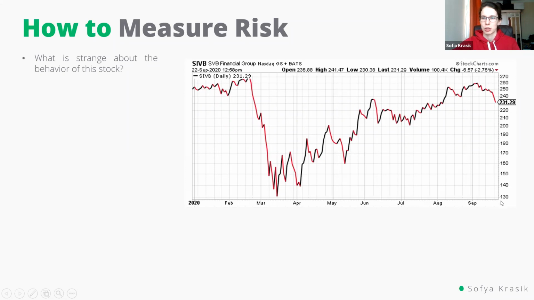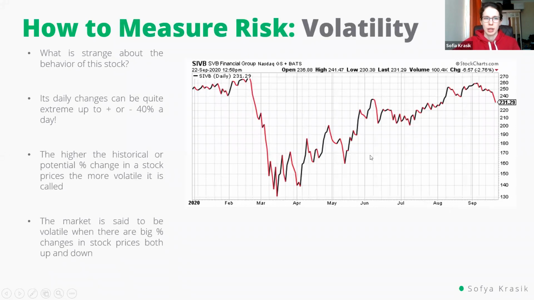But if you look at this scale on the right, you will see that the daily jumps of the stock price could be really, really huge, even up to plus or minus 40% a day. I'm not sure already what was the name of this company, IVB, but I found it as one of the most volatile companies on the market.